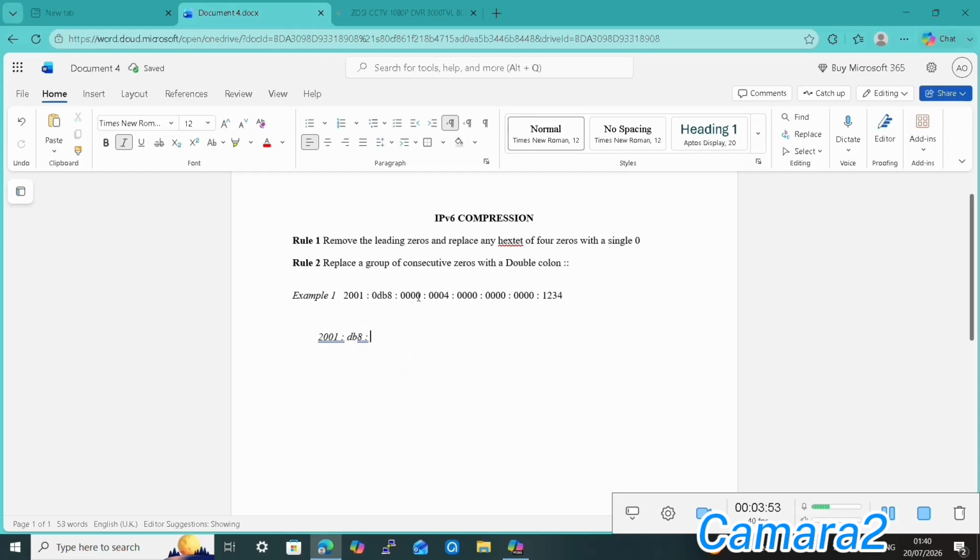Here we have 4 zeros. So we will not ignore all the 4 zeros, but we will represent them with one 0. Then we move. Here we have 0004. All these 3 zeros are leading zeros because they came first. So we ignore all of them and only write the 4.